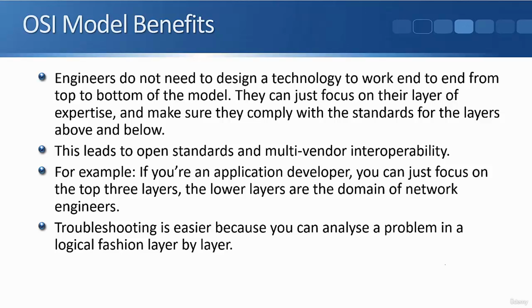For example, if you're an application developer, you can just focus on the top 3 layers. The lower layers are the domain of network engineers, so you don't need to understand them. You just need to make sure that where you interface between layer 5 and layer 4, you're complying with the standards there. Troubleshooting is also easier because you can analyze a problem in a logical fashion layer by layer.